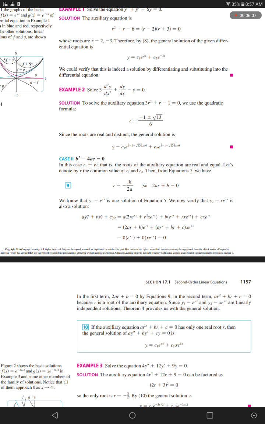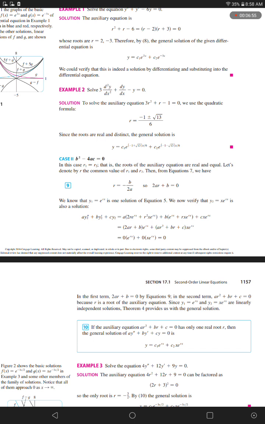open 2ar plus b close times e to the power rx plus open a r squared plus b r plus c close times x times e to the power rx equals 0 times open e to the power rx close plus 0 times open x times e to the power rx close equals 0.